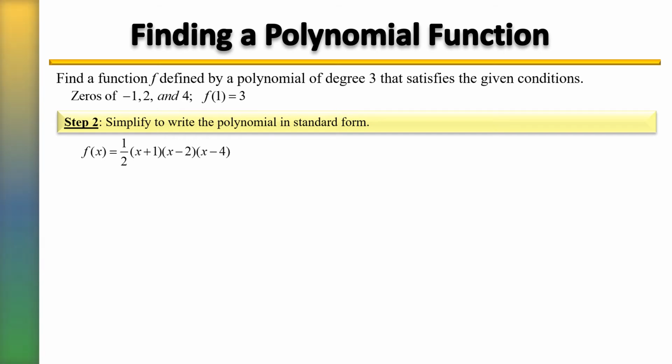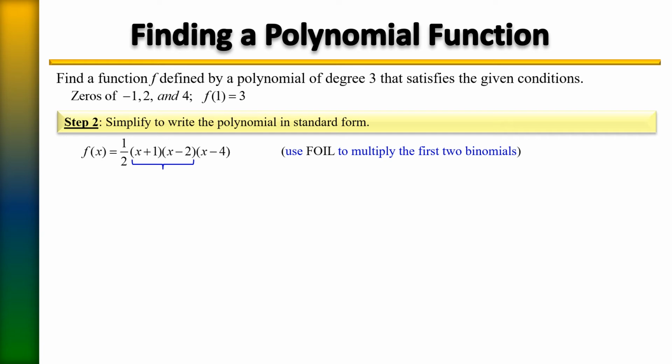Now that we have it in linear factorization form, our next step is to write it in standard form. To do that, you have to multiply these factors. The easiest way is to take any two and use FOIL, first, outer, inner, last. Remember, you use FOIL when you want to multiply two binomials.